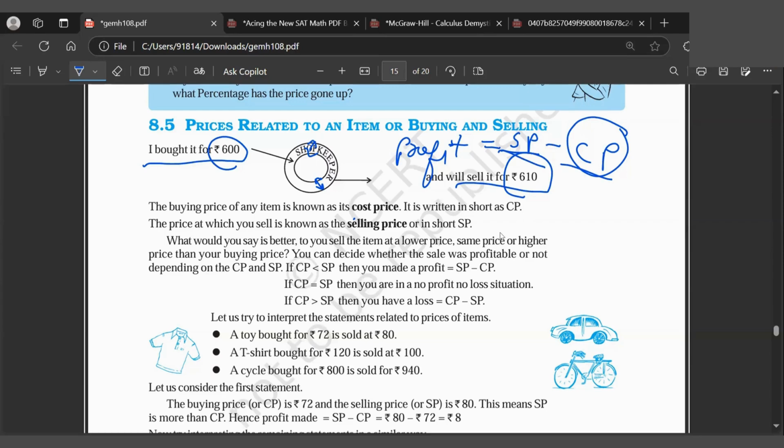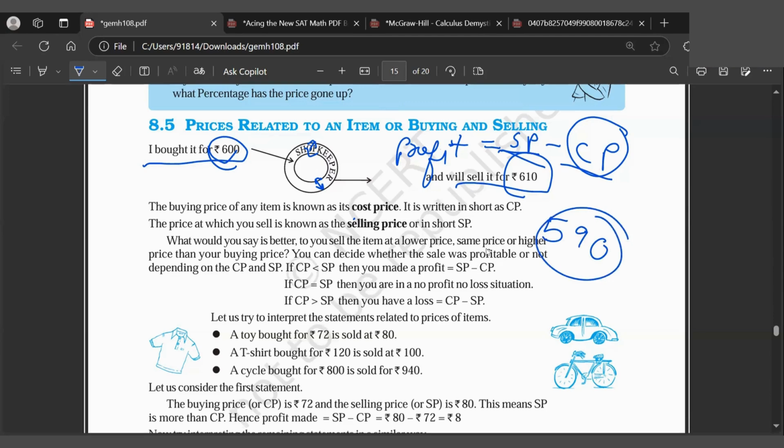Right? Now you will ask, ma'am, what is loss then? So what is basically loss? If the shopkeeper bought something for 600, but due to some price issues or market value, the price of the product decreases and he has to sell it at, let's say, 590.